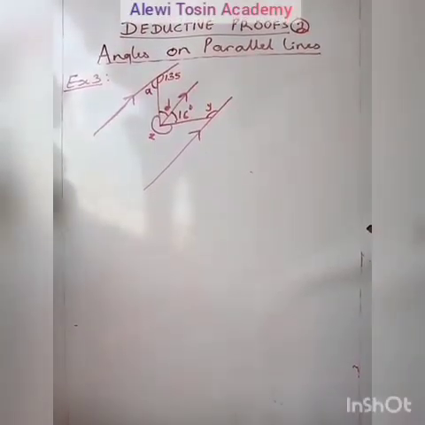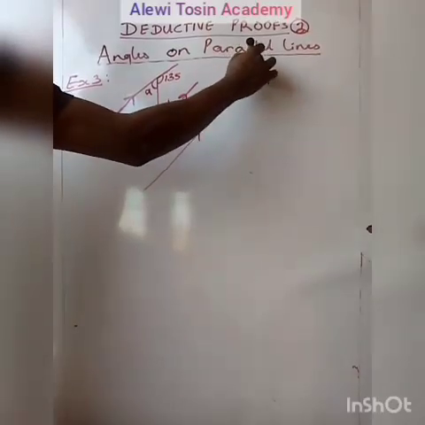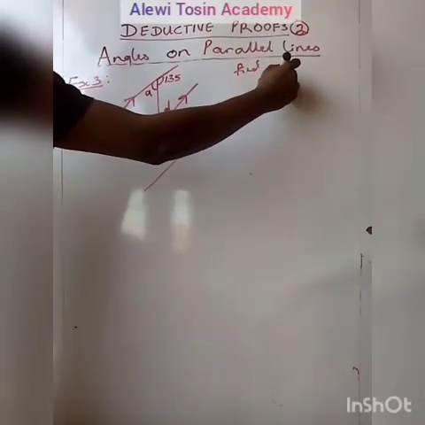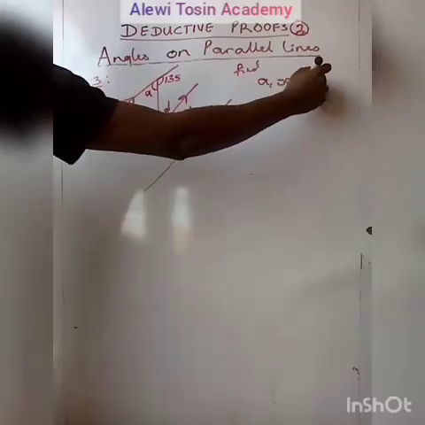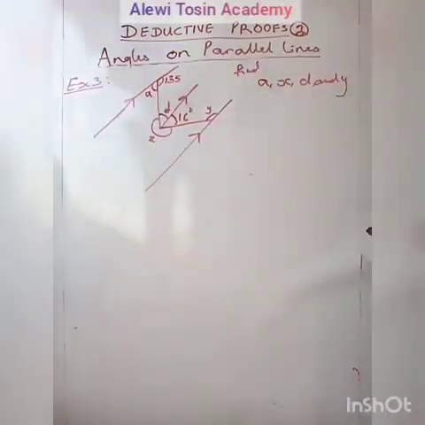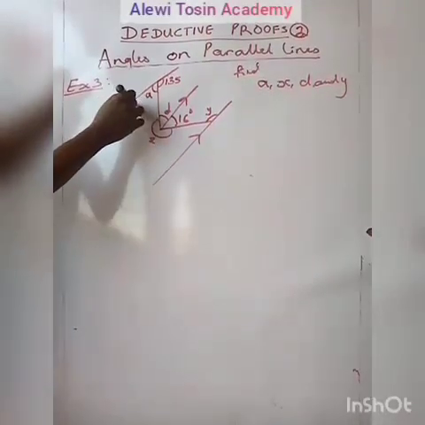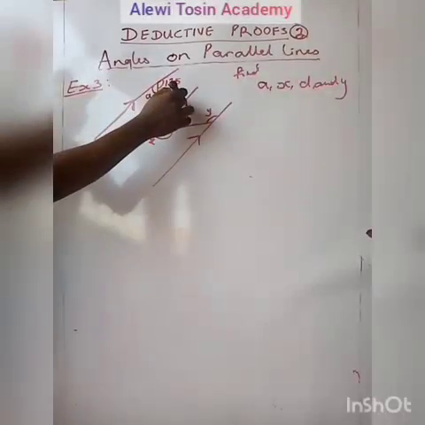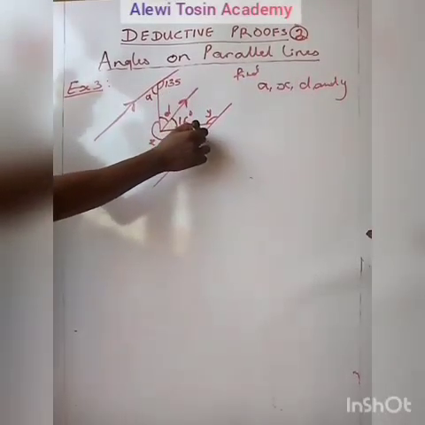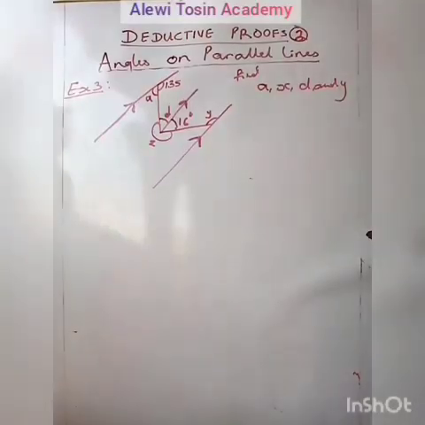Now let's look at this third example. We are to find a, x, d, and y. Firstly, looking at this question, this sign shows that this line is parallel to this and also parallel to this. That means the three lines are parallel lines.